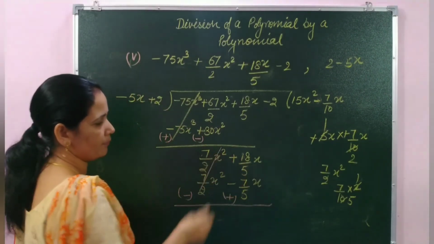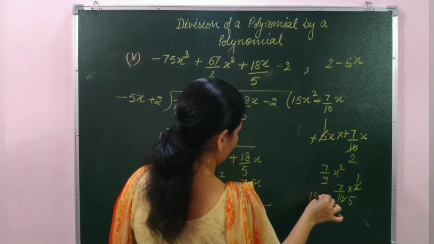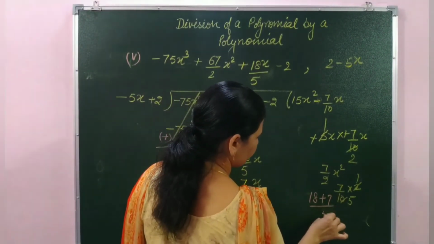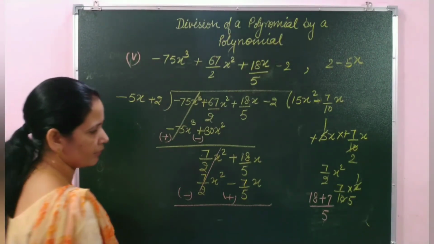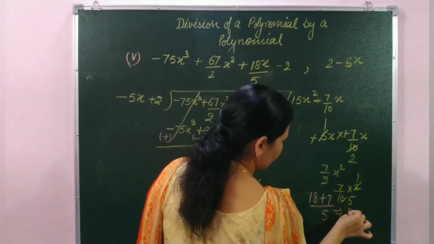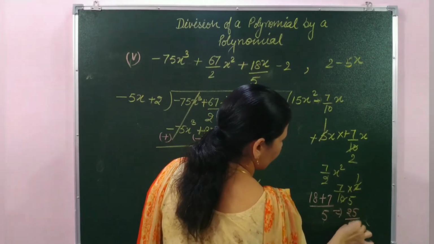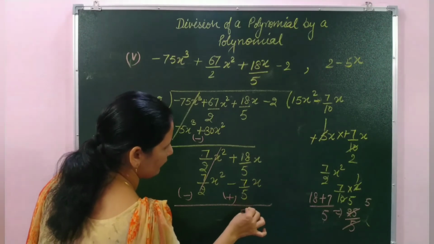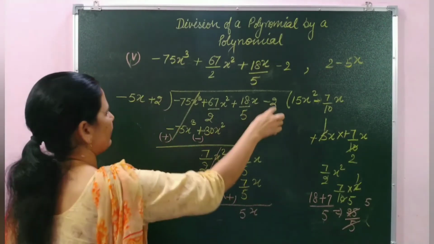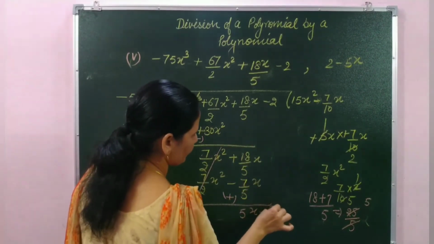So 18 plus 7 is 25. That is 25 by 5. 5 fives are 25. So from here we get 5x. Then bring down minus 2.